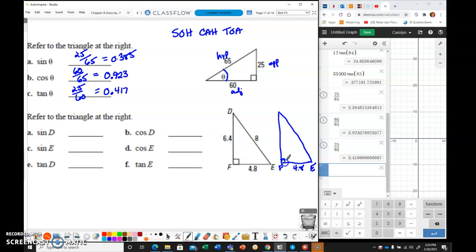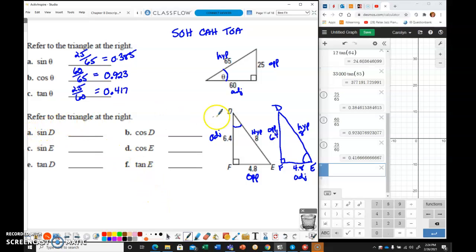That's F with my right angle, that's 8 and 6.4, and that's D. So if I'm talking about angle D, 8 is my hypotenuse, 6.4 is my adjacent, and 4.8 is my opposite. But if I'm talking about angle E, 4.8 is my adjacent, and 6.4 is my opposite, and 8 would be my hypotenuse. So it all is dependent upon which angle you're referencing.